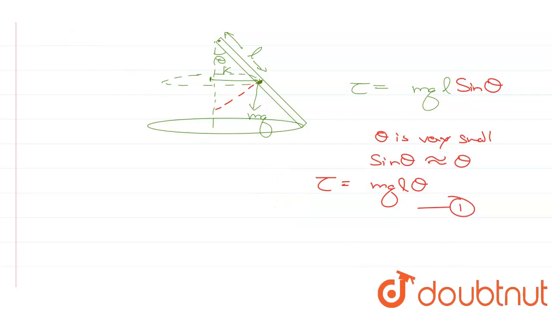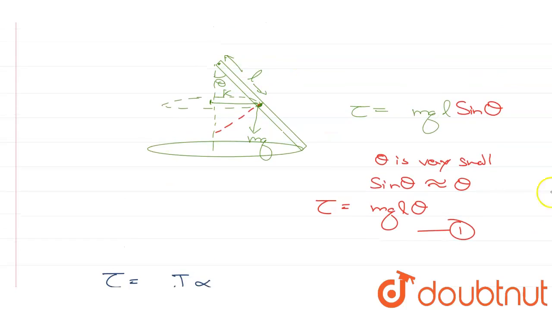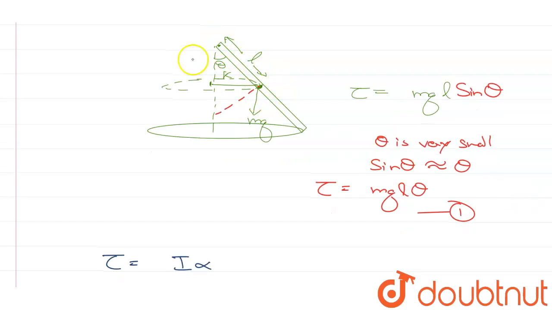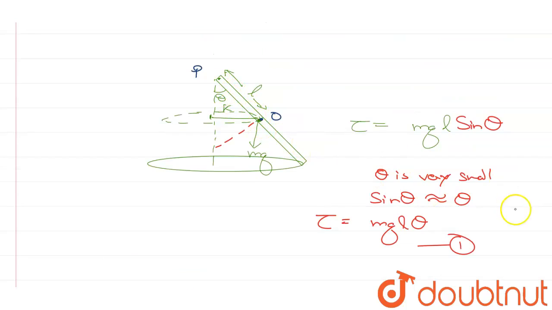Now, another method of calculating torque is that torque is equal to I times alpha, where I is the moment of inertia and alpha is the angular acceleration. The moment of inertia along this axis, that is point P, and if this was point O, the axis PO will be I equal to mL square, that is the length of this rod which is acting.